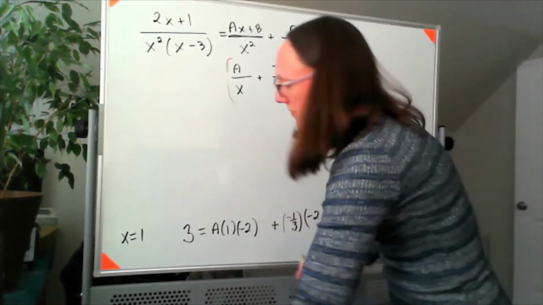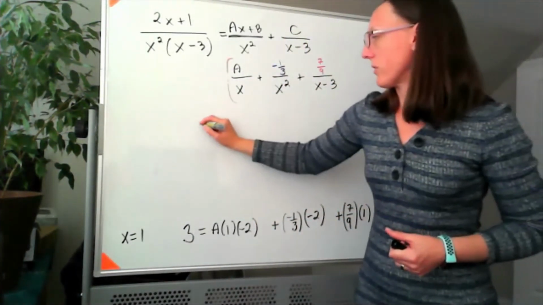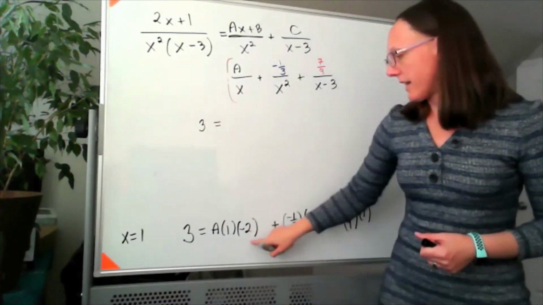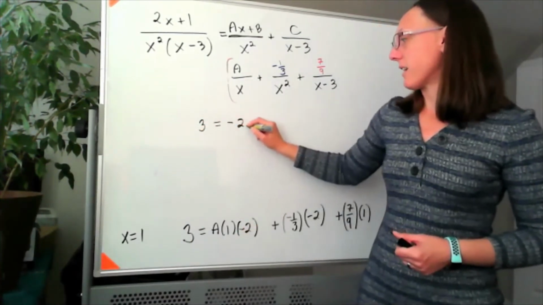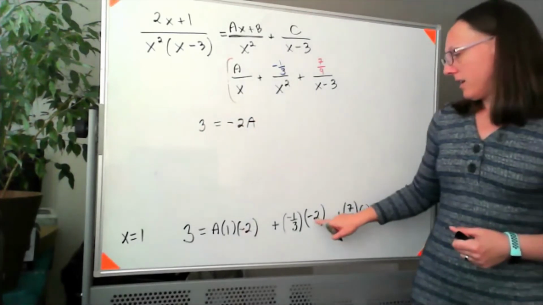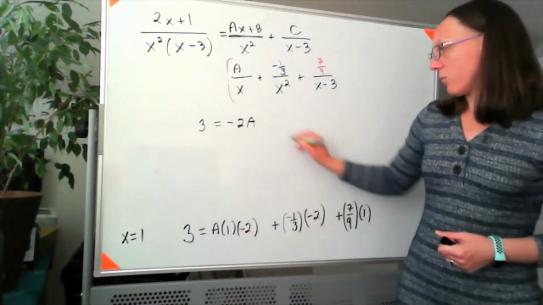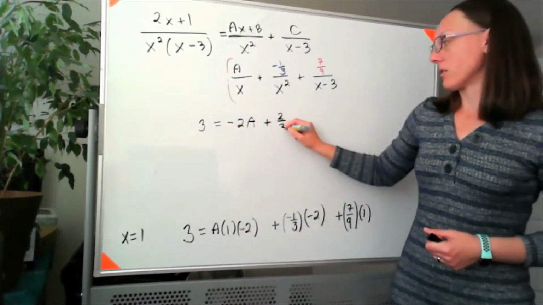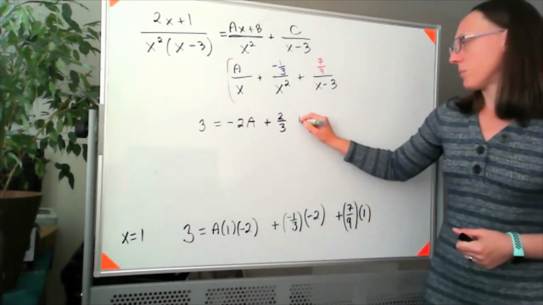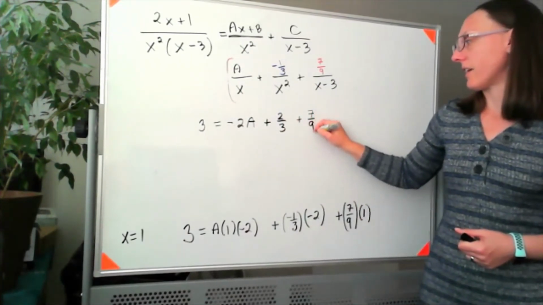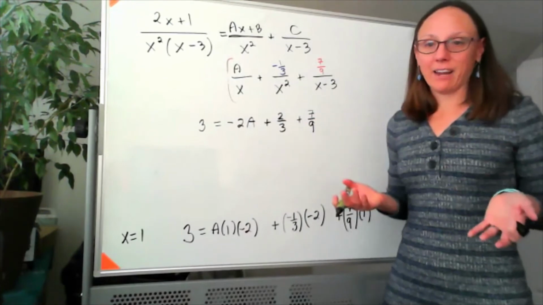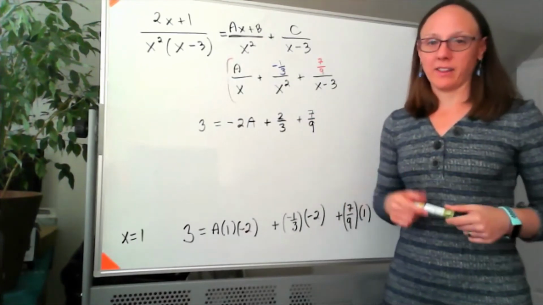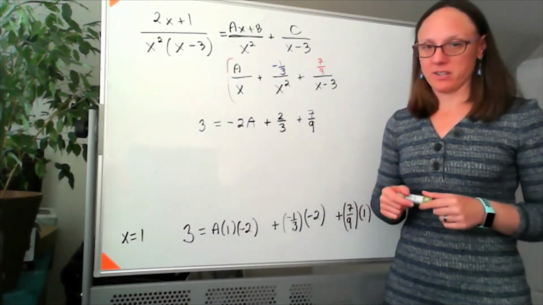Well, if I look at that equation, left-hand side, there's not really anything I can do to that. Here, I'm going to rewrite that as negative 2A. Negative 2 times negative 1/3 is a positive 2/3. And plus 7/9. I hate fractions, or rather, I'm more likely to make a mistake with fractions.